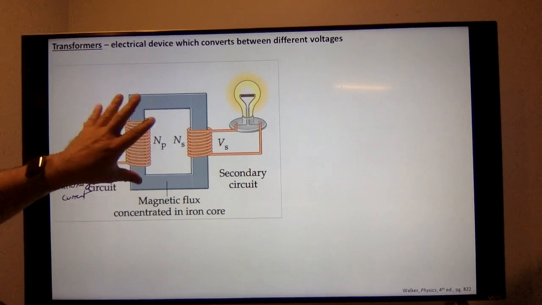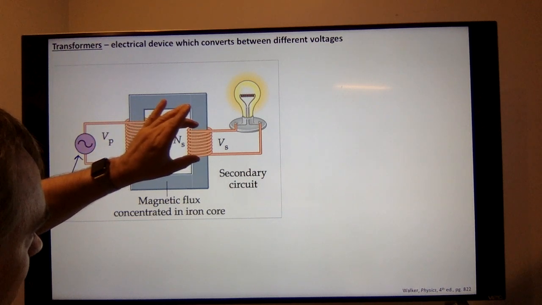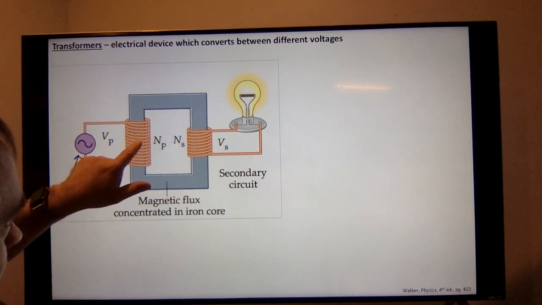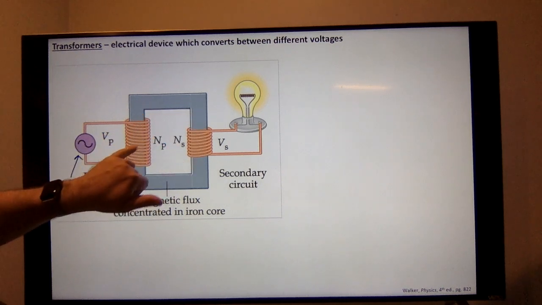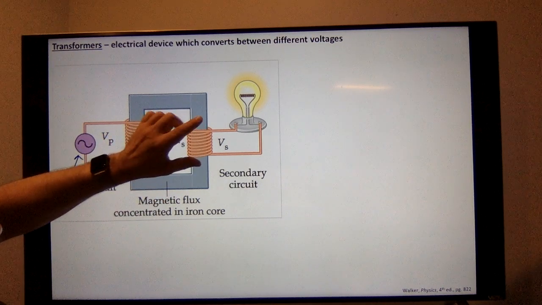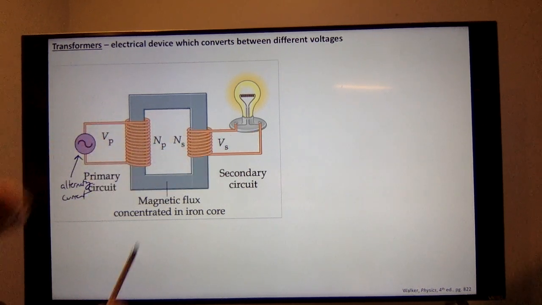Flux is always changing. If I put that near another coil of wire that has a different number of loops, then the amount of magnetic field that's passing through this coil of wire coming from this one is always changing. If the flux is changing, it produces a current.